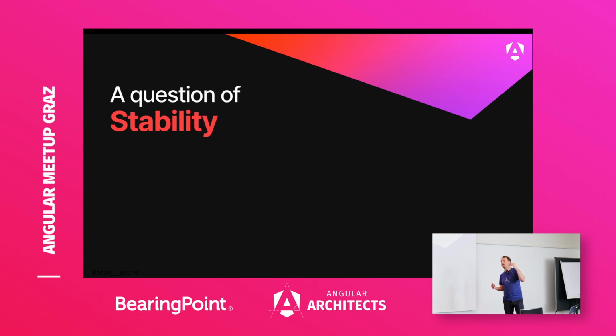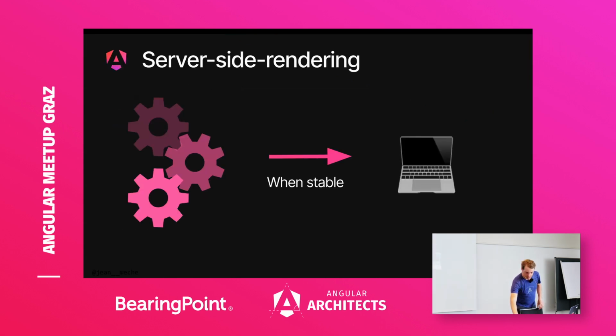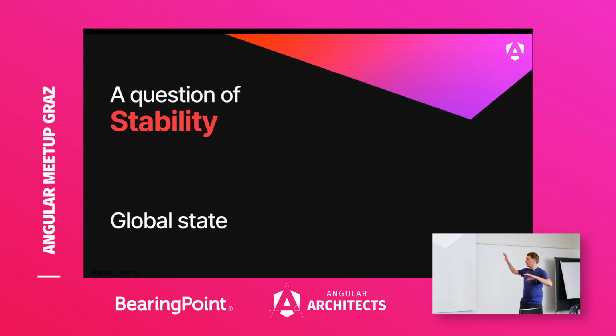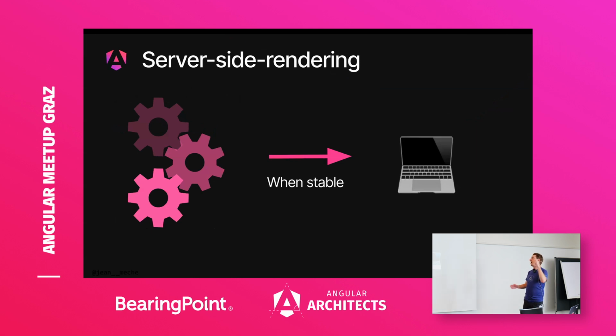You had either on ngZone or on ApplicationRef, you could check isStable. That will tell you if the application is stable or not. So if something is pending, it will return false for stable. Stability is some sort of global state that will tell you, okay, is my application waiting for something or not? And this is particularly important in the context of server-side rendering, but also when you're doing pre-rendering.